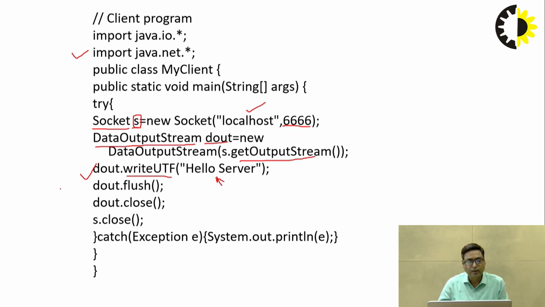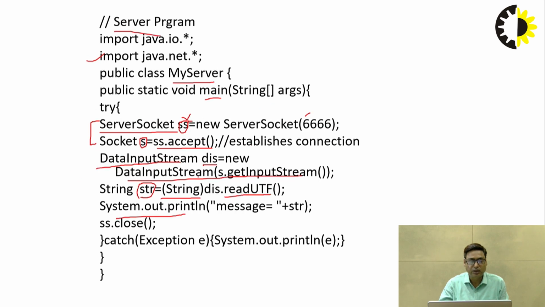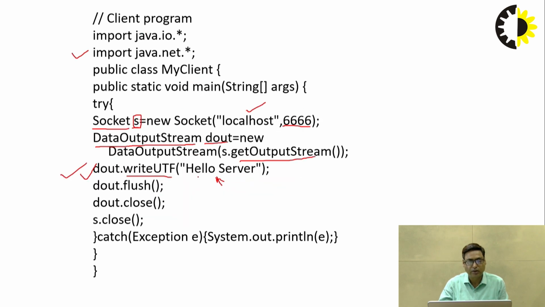So when this statement is executed, the message hello server will be written to the output stream, and the output stream is connected to the input stream of the server. So whatever message you type here will go to the server. So we have two programs, one is the server program, second is the client program.